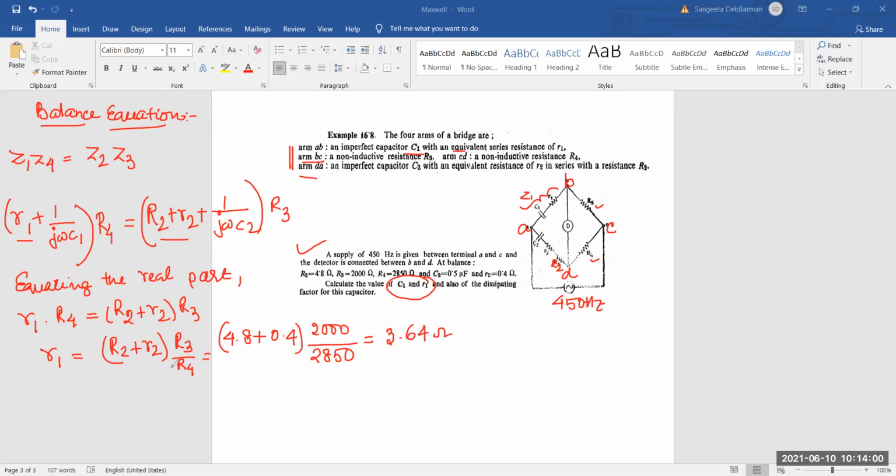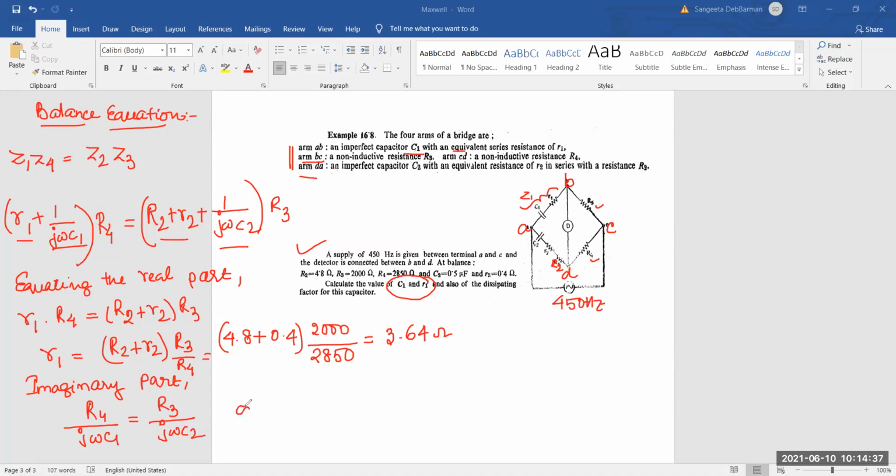This is done, equating the real part. Now we will equate the imaginary part. What is the imaginary part here? 1 by j omega C1, 1 by j omega C2. R4 by R3 I have also taken. So for the imaginary part, I can see R4 by j omega C1 equals R3 by j omega C2.